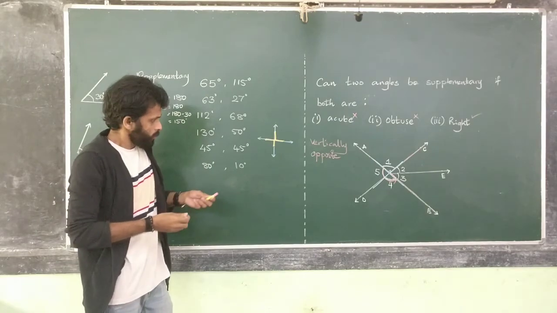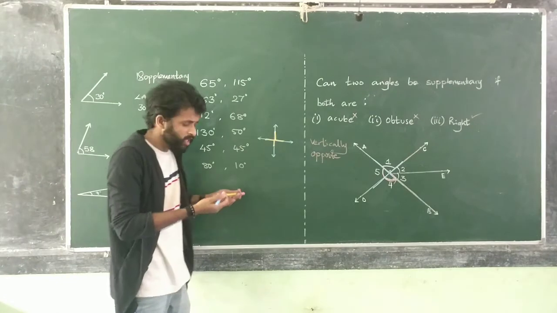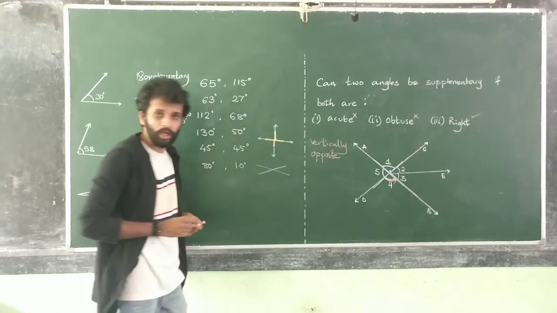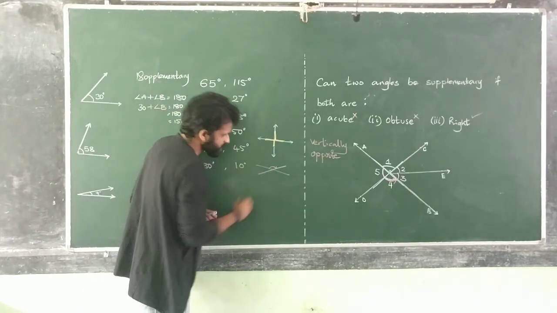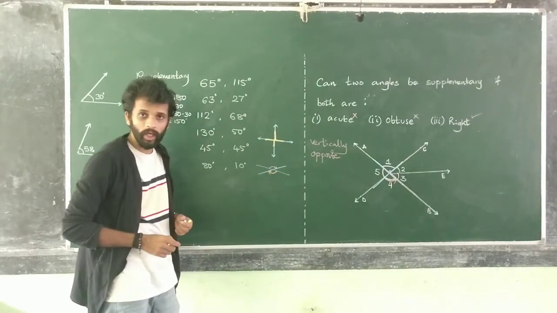Now, you say, is it like only if it is a plus sign then we have vertically opposite angles? I can have angles like this, as small as possible. So in this case, this angle and this angle are vertically opposite.